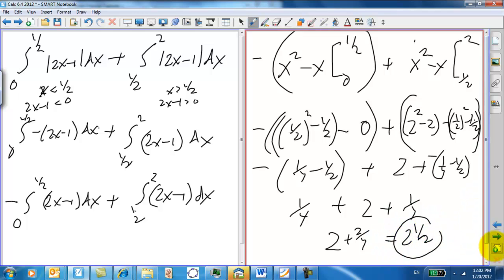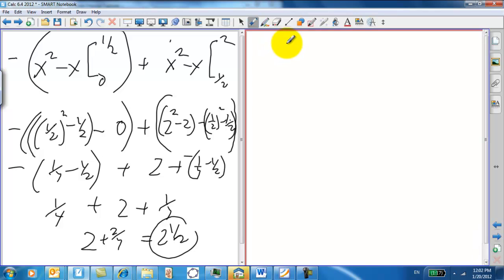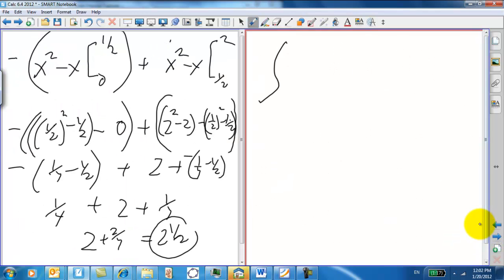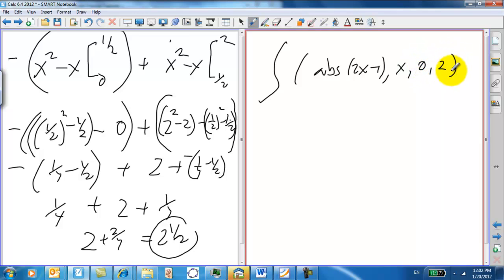Okay, cross your fingers. Let's see what the TI-89 says. Integral of absolute value of 2x minus 1 from 0 to 2. So you put in ABS, 2x minus 1, x going from 0 to 2. Let's see how we did. Integral is above the 7.